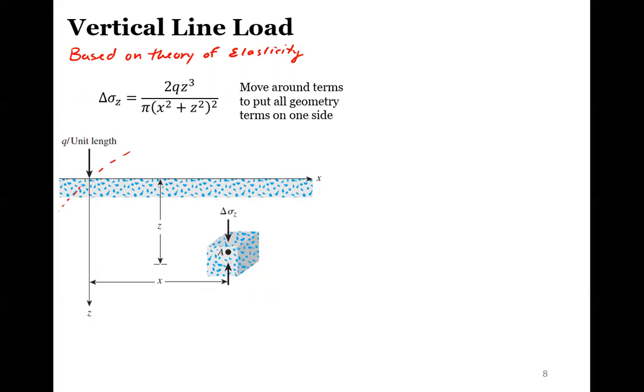So this would be like a pound per foot of length, or a kilonewton per meter of length. It looks like a point in this picture, but visualize it coming out of the paper and into the paper. So there's this other dimension to it.